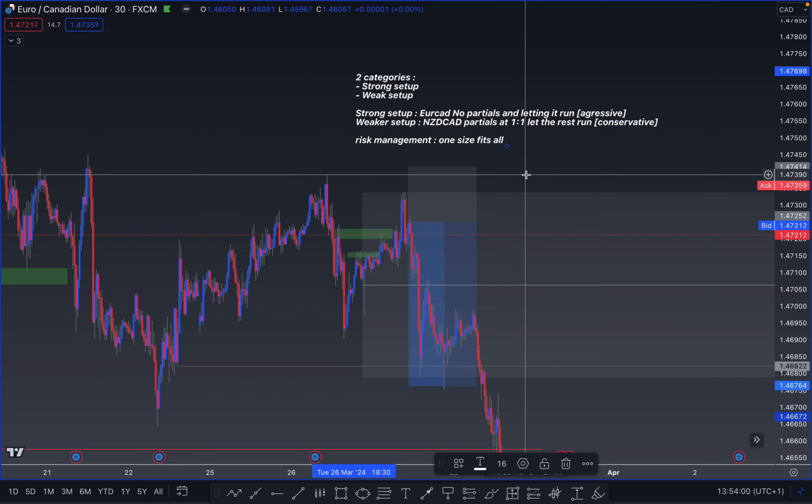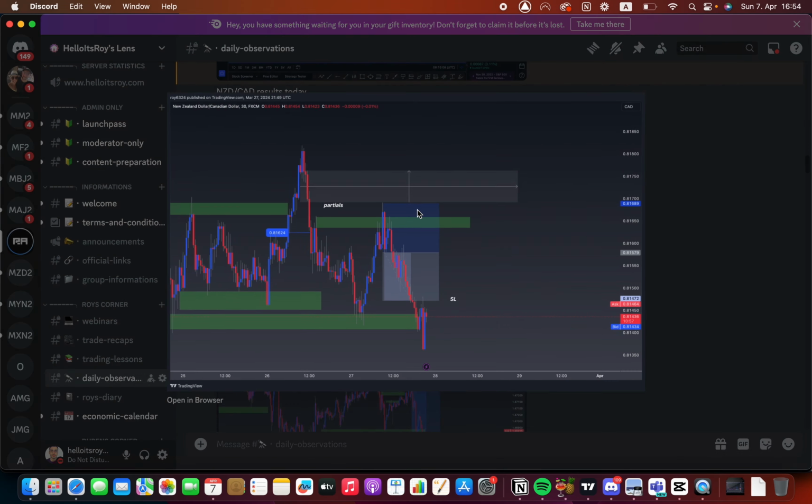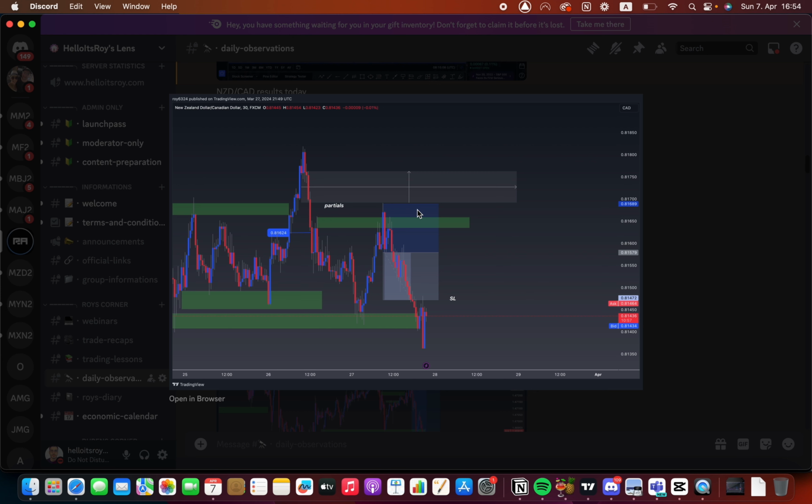Because as you can realize as we look at the Discord again, you'll see that NZD-CAD was the weak setup, the one that I allocated partials for, and I turned out to be right. Because I took partials right here, that setup turned from a minus 0.5% to a 0% setup. Of course, you can then remove the spreads and the commissions of that setup.